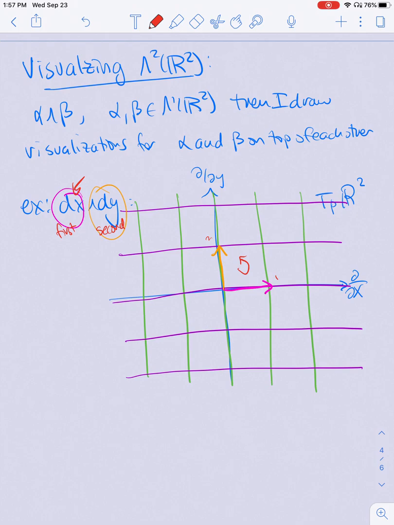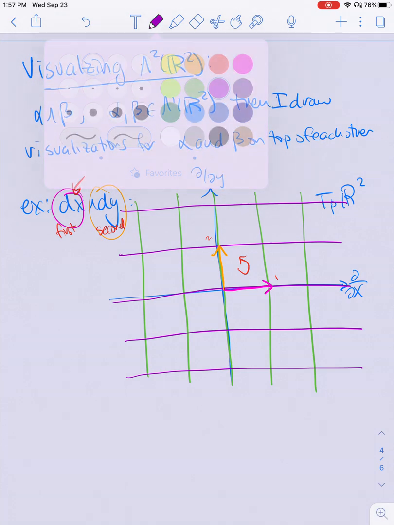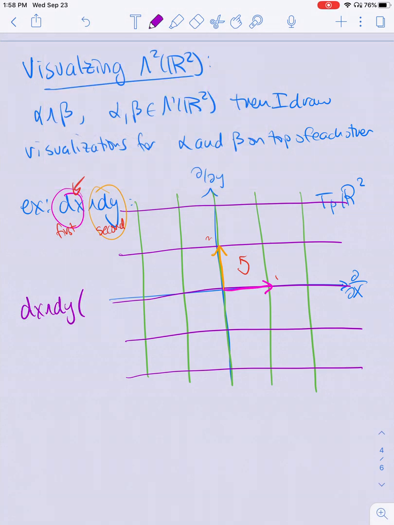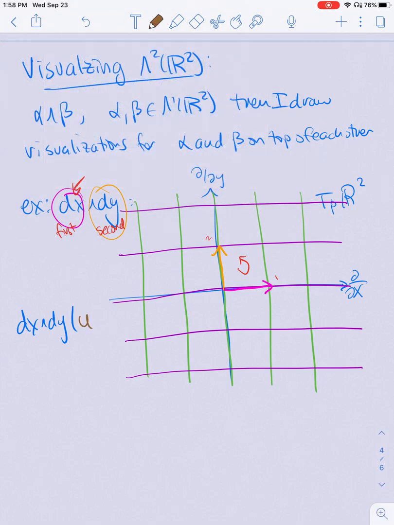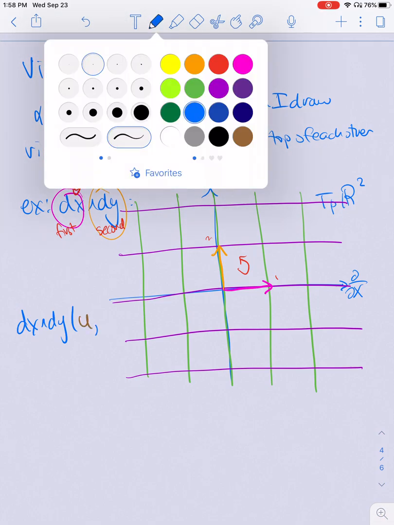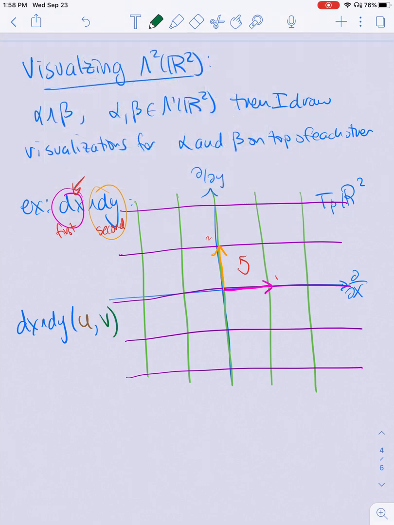So what does this mean? This means that if I want to compute dx wedge dy, let me do this in a different color so I can really show you what's going on. Let's use brown and dark green. dx wedge dy of u comma v is the area of the parallelogram spanned by u and v.